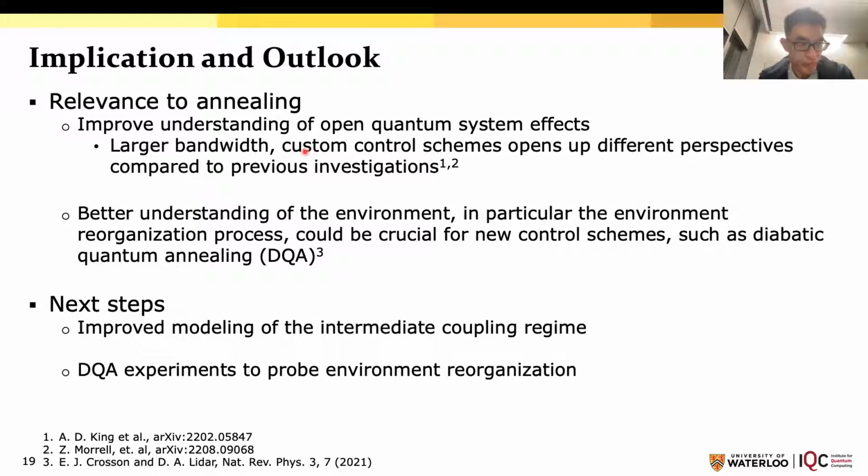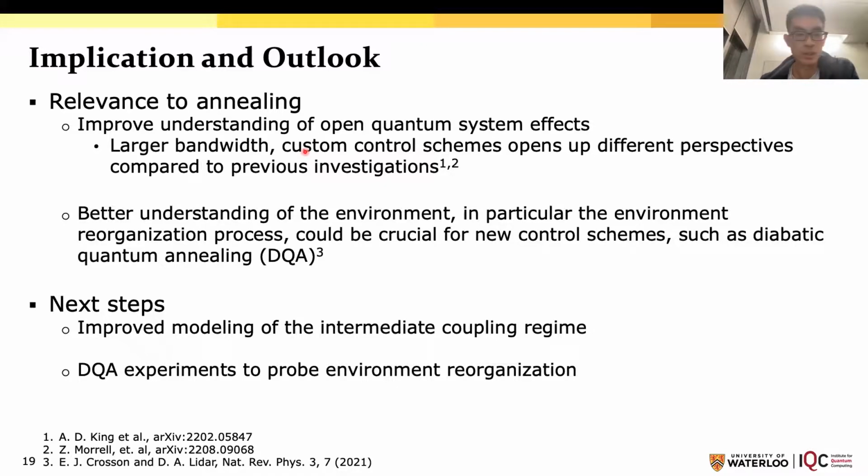And in particular, we have seen more results recently that having larger bandwidth and custom control schemes will open up different perspectives compared to many previous investigations done on the D-Wave device. And having this more flexible control will always give us more information about the open quantum system.